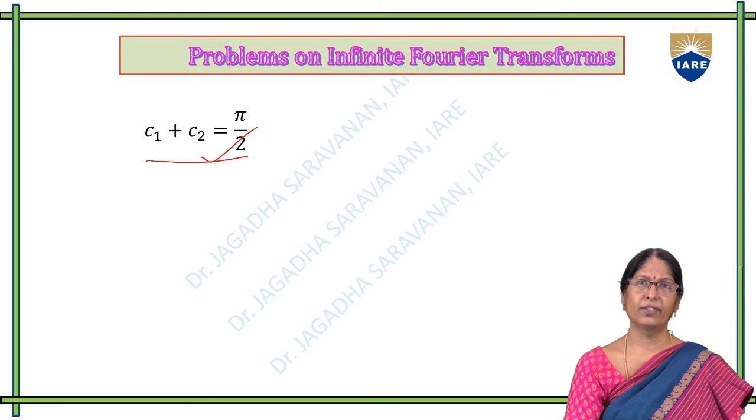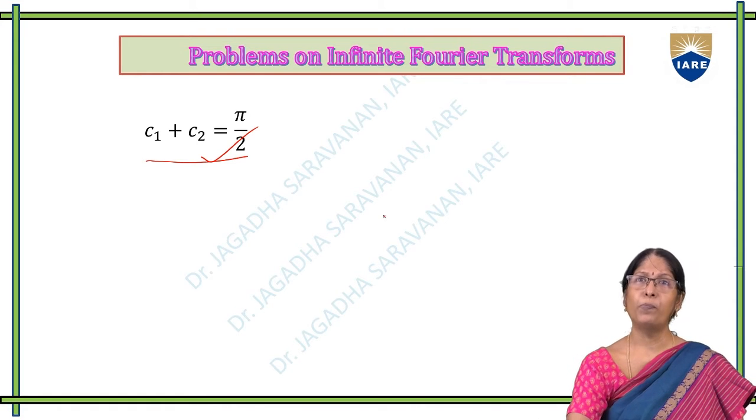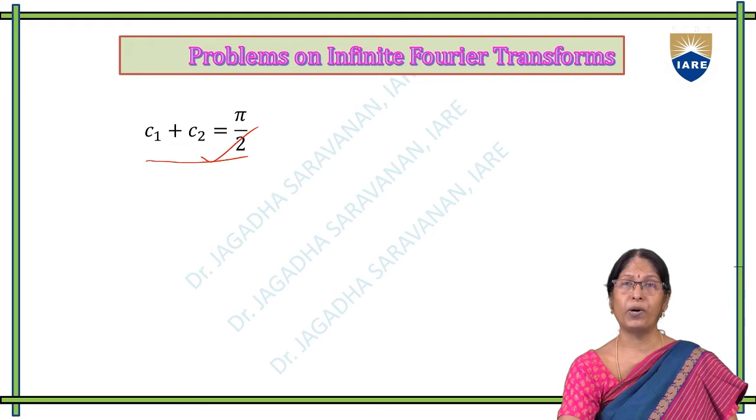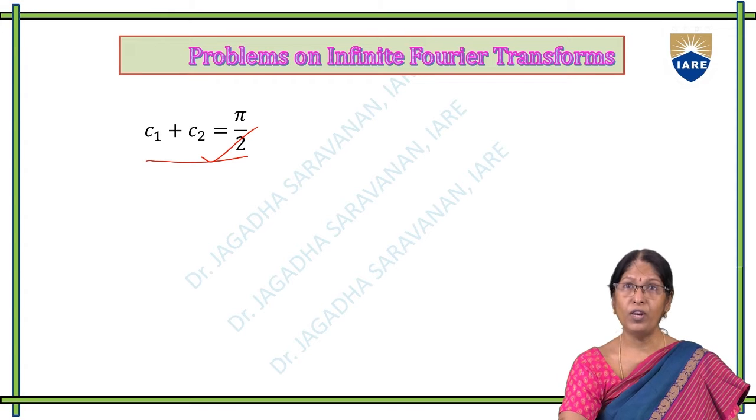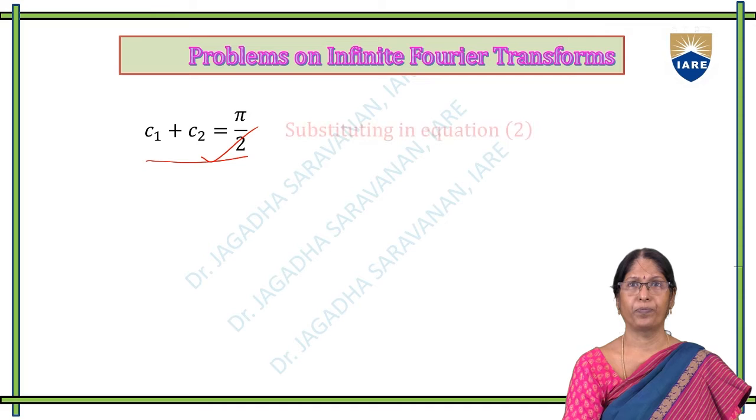The reason is, we got the general solution of the Fourier cosine transform as c1 e power p plus c2 e power minus p. Those constants c1 and c2, the values we have to obtain. To obtain those values, these are the steps we are following.